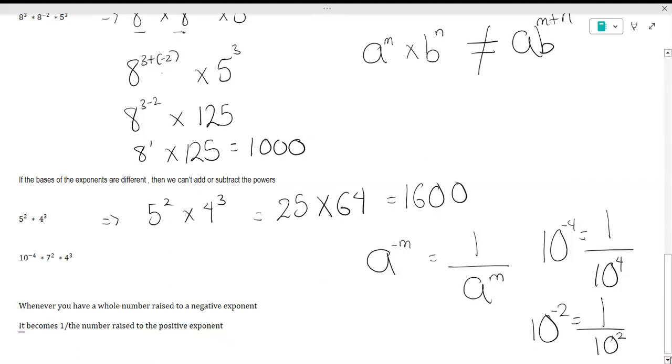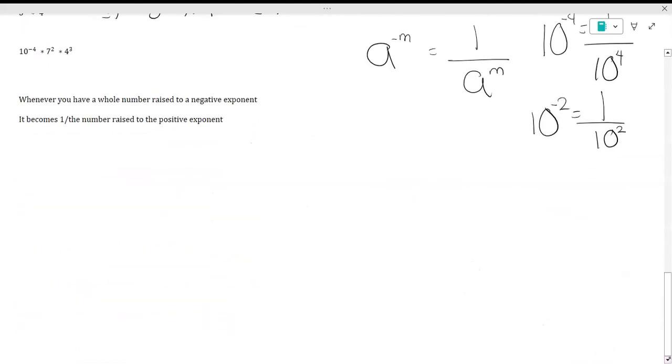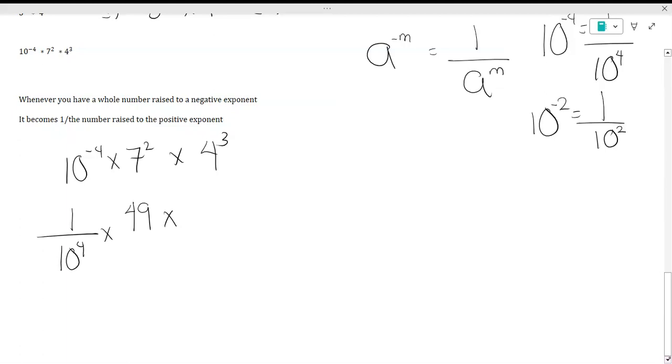So we can do the same thing here. We have 10 raised to the power minus 4 times 7 raised to the power 2 times 4 raised to the power 3. So 10 raised to the power minus 4 will be 1 over 10 raised to the power 4, times 7 squared, which is 49, times 4 cubed, which is 64.